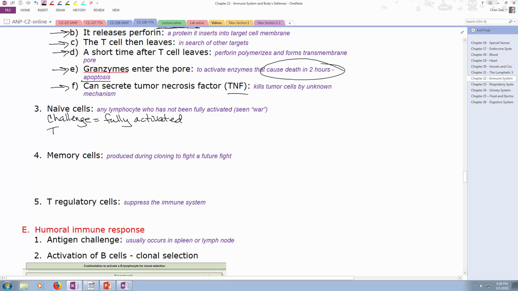So our T and B cells can be naive. They are programmed to respond to a specific antigenic determinant.